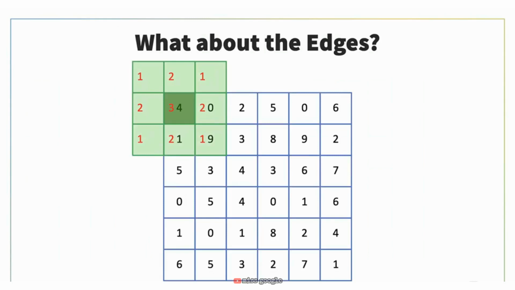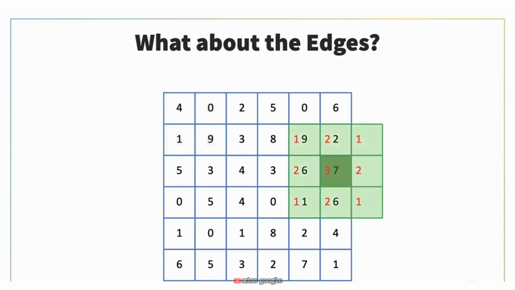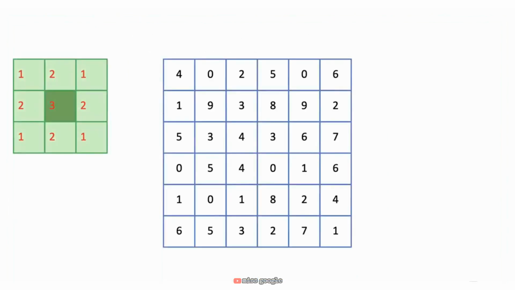Now you may be wondering what happens with the pixels at the edges. In this example, we're talking about one level of missing pixels outwards, because our kernel is 3 by 3. If our kernel was 5 by 5, then we'd be missing 2 levels of pixels outwards. So we have a problem with corner pixels and also with border pixels at the sides. Luckily, this is a solved problem.